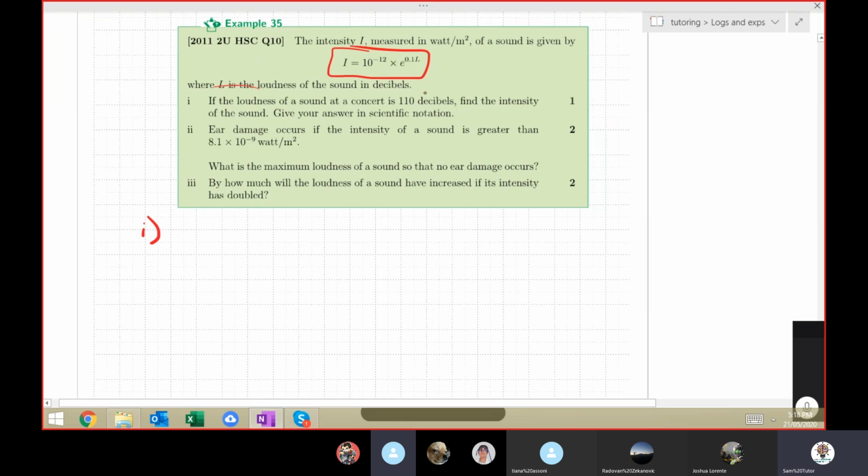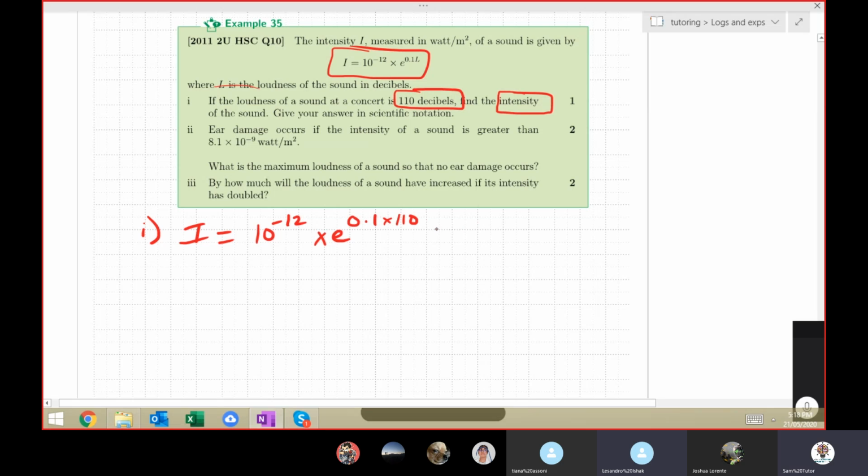What letter is this? I or L? L. And what are you trying to find? I. So you're going to write I equals 10 to the power of negative 12 times e to the power of 0.1 times 110.